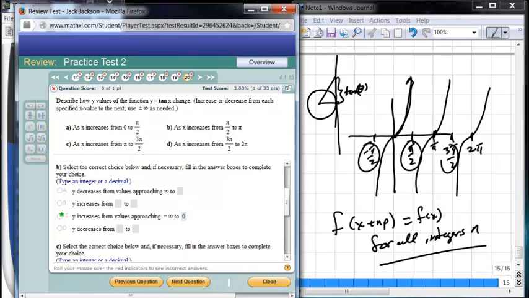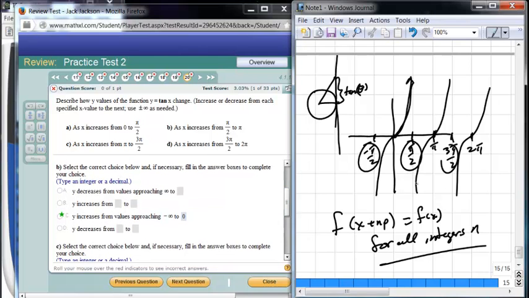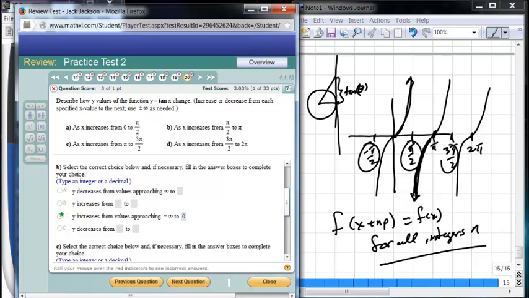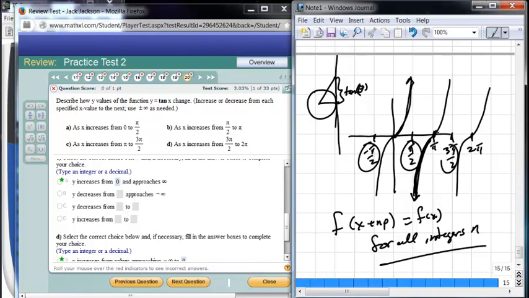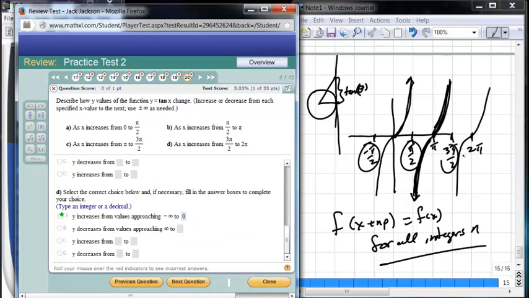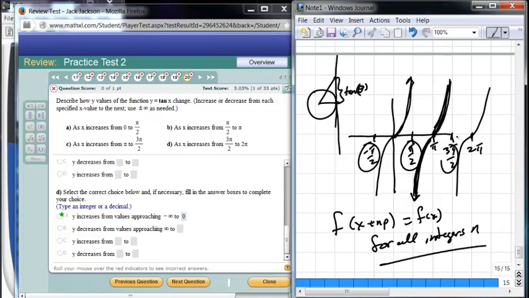And as you go from pi over 2 to pi, that's this part of the graph, we're going from minus infinity to 0, increasing, from values approaching infinity up towards 0. Next, the piece from pi to 3 pi over 2, we're increasing from 0 to infinity. And then the last piece here, we're going from minus infinity back up to 0.